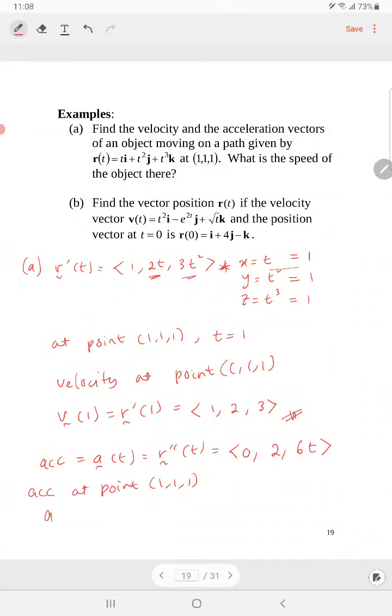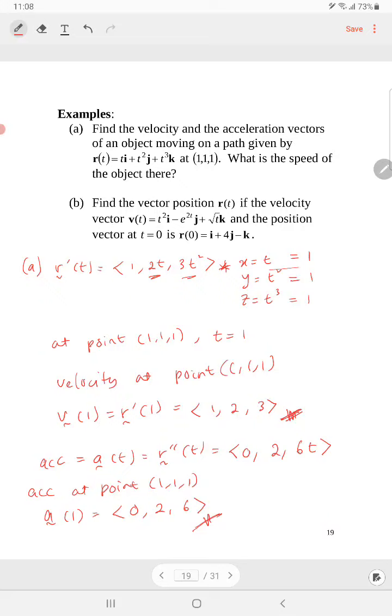So a at 1 is equal to, replacing t with 1, 0 for the x component, 2 for the y component, and 6 for the z component. So that is the acceleration at point (1,1,1), and this is the velocity at point (1,1,1).